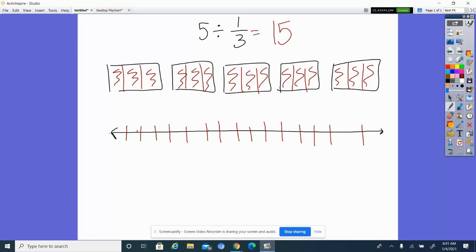The nature preserve has a 3-mile long trail for bird watchers. The ranger divides the trail into 1/2 mile sections and names each section after a different bird. How many of these sections does the trail have? Okay, first off, what is our equation? What is our whole that we'll be dividing up? 3.